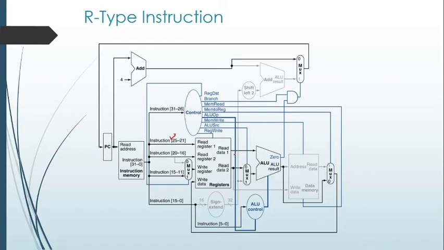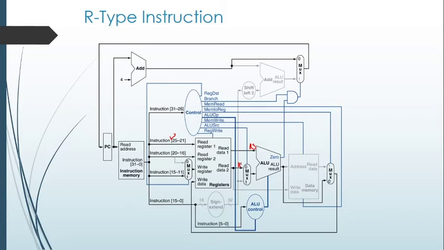So let's see what happens next. After that, for the R type instruction, the first input of the ALU is RS. We know that this is always going to be RS. The second input is important. The second input will be RT, coming from the register file.